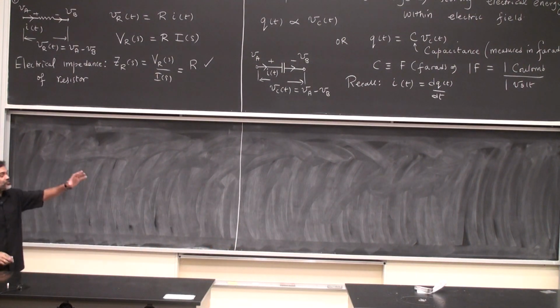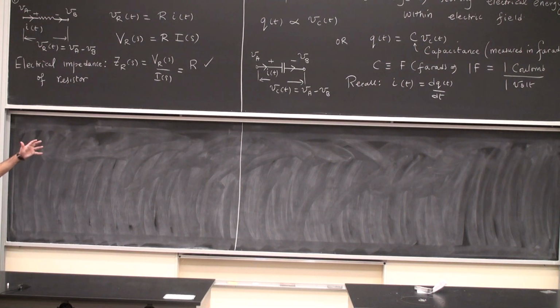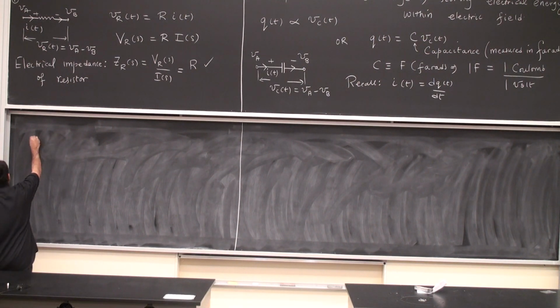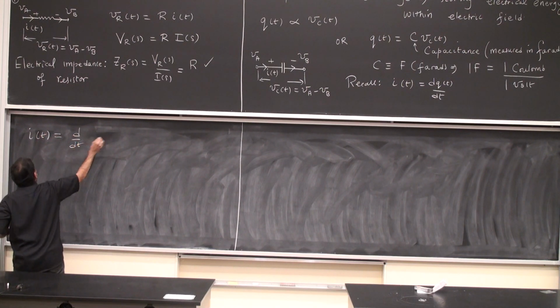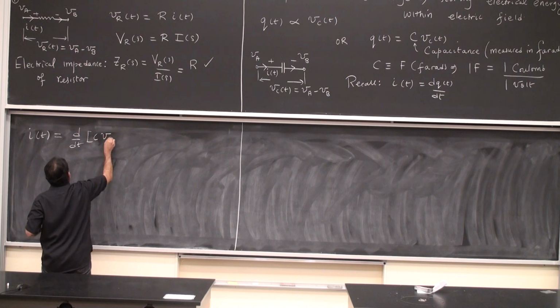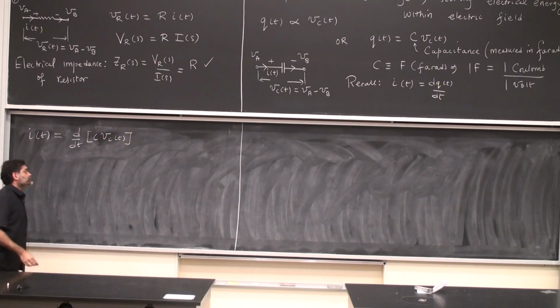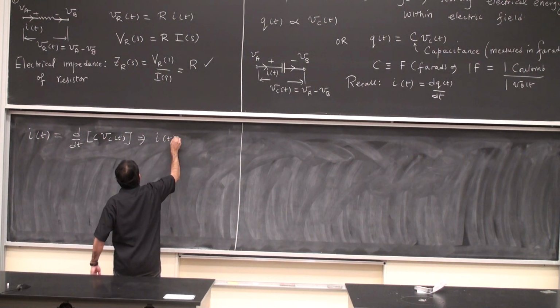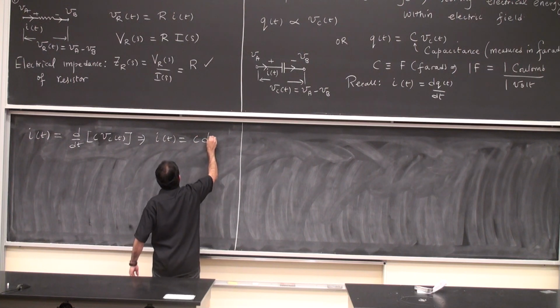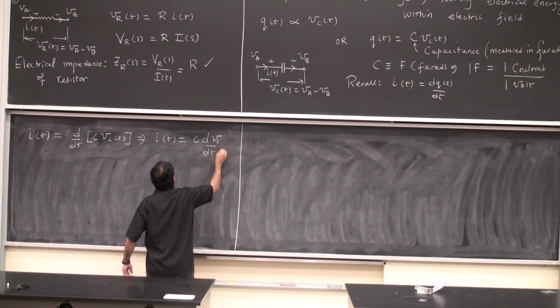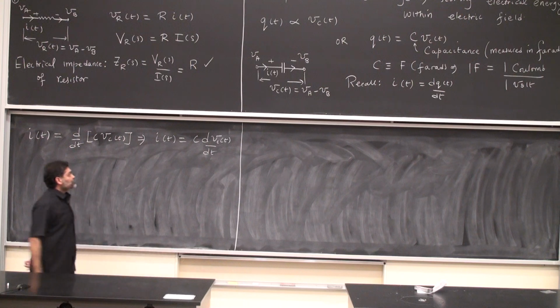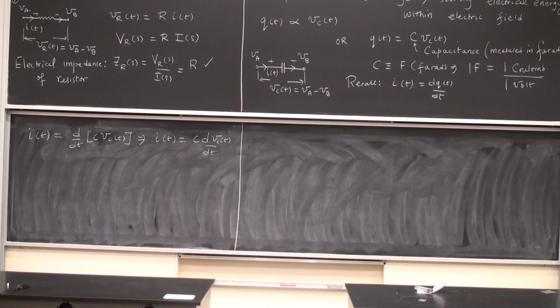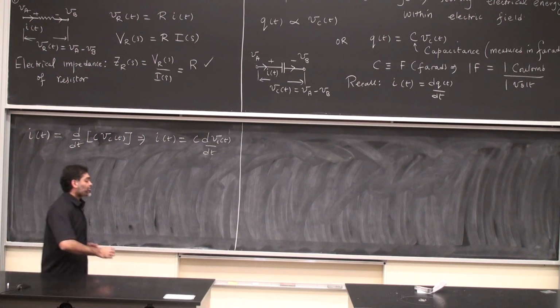If I make some brute force substitutions, instead of Q of t, I bring in C times Vc. Then I have I of t is d by dt. C is the constant of proportionality, so it does not get differentiated. So I have I of t is C dVc by dt. So this is the current voltage relationship for capacitor elements.